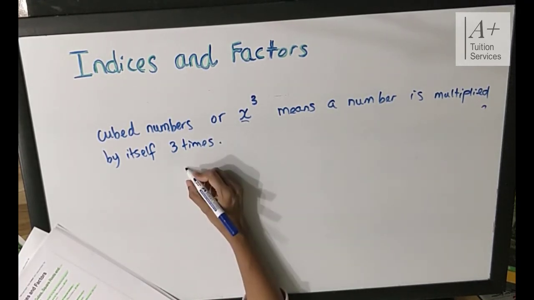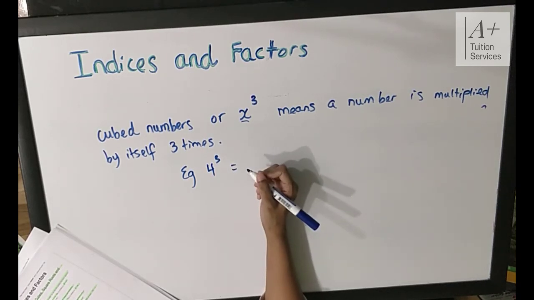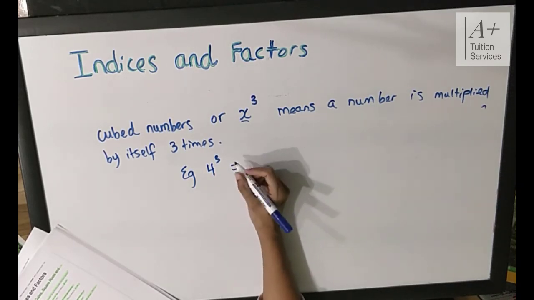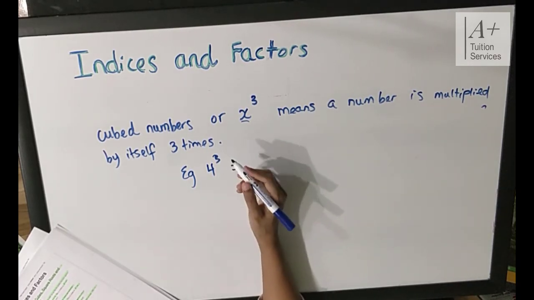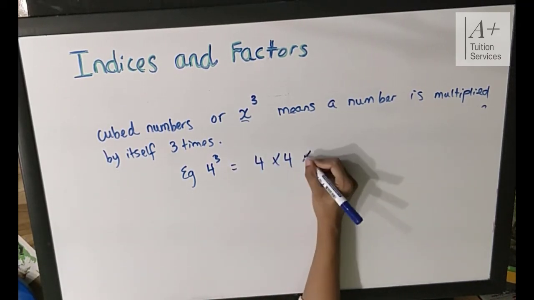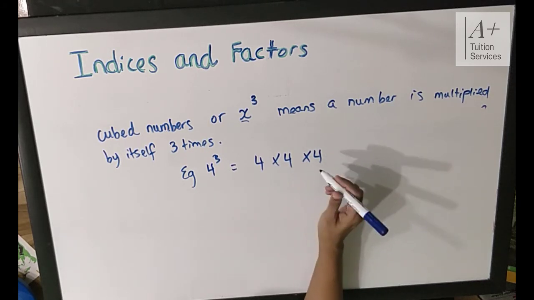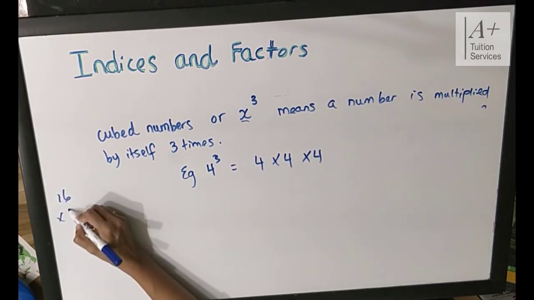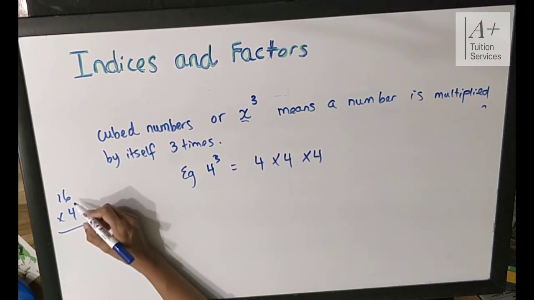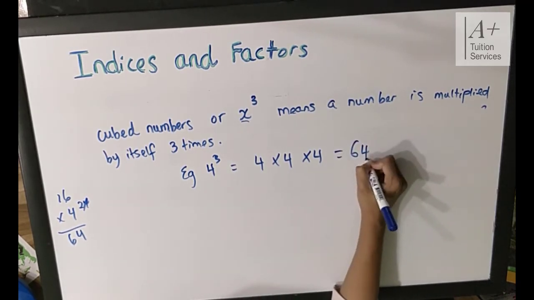Okay? Example, 4 to the power of 3. If I have 4 to the power of 3, it will be 4 multiplied by 4 multiplied by 4. 4 by 4 is 16, and 16 by 4, if you don't have a calculator, work it out: 6 4s are 24, 1 4 is 4, 5 6, which is equal to 64.